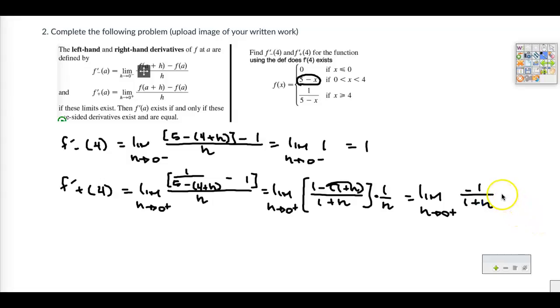And therefore here, when you do your direct substitution, you'll notice that you get a negative 1. And since f prime from the left of 4 does not equal f prime from the right of 4, therefore f prime of 4 does not exist.